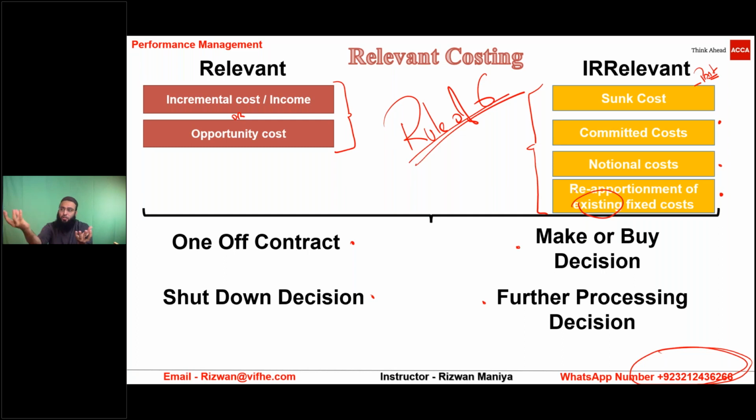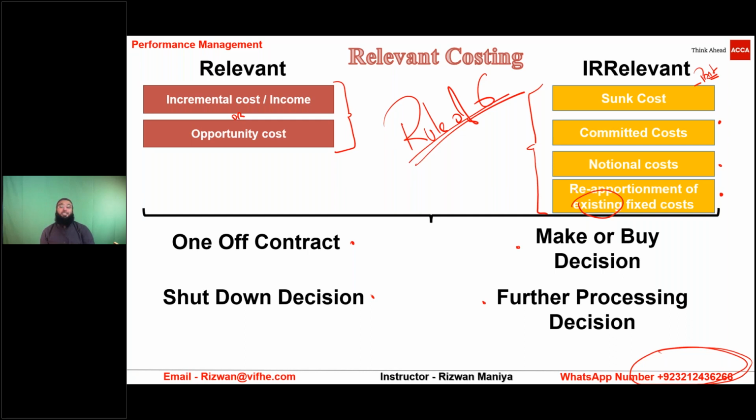That is not relevant for this job, because if I wouldn't have accepted this, still I would have paid the rent. So the existing cost, which is already there and is not increasing, it's the same. If you're charging that existing fixed cost to your decision making or your option, that's irrelevant.